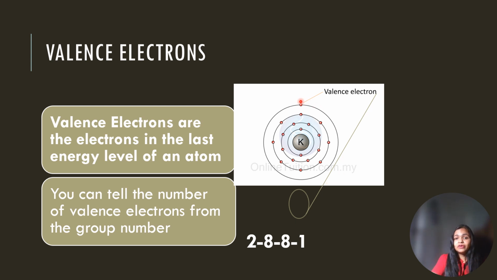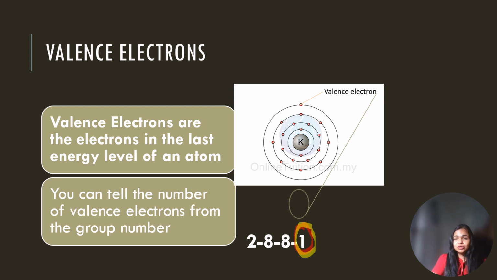The outermost shell of an atom is known as the valence shell, and the number of electrons present in that shell is known as the valence electrons. In this case, how many valence electrons are present? That's going to be 1. That's 1 valence electron right here, present in the outermost shell of the atom. So potassium has 1 valence electron.